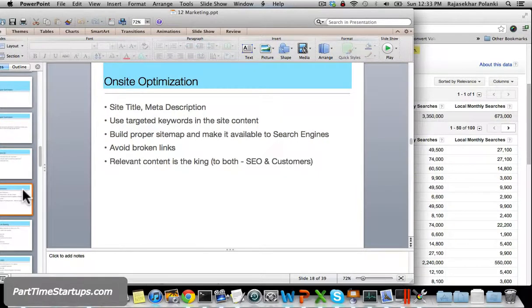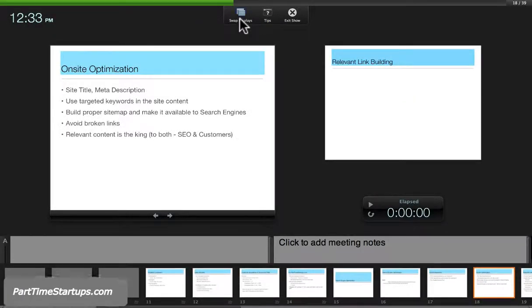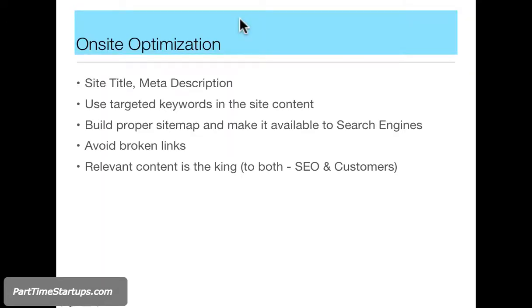Then let's come back to our slides. One of the first activities you may have to do for your website to get SEO is on-site optimization. That means your site title and the meta description of the site.